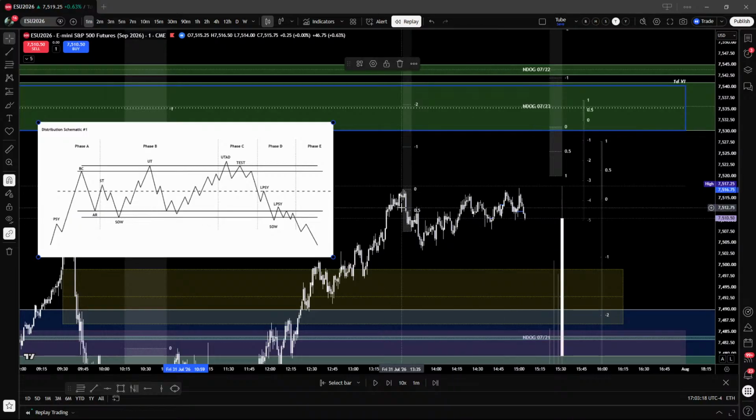This was technically a re-accumulation because then we saw price go higher. But measuring this would have given you more confirmation of this level here. Or again, this level here, which would not have been the horrible, worst thing in the world.